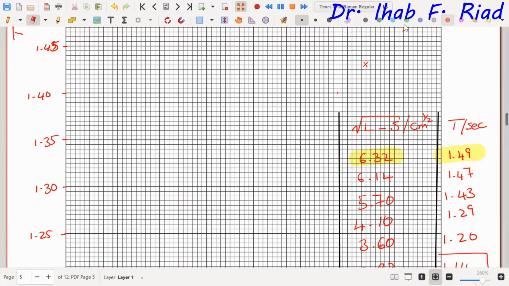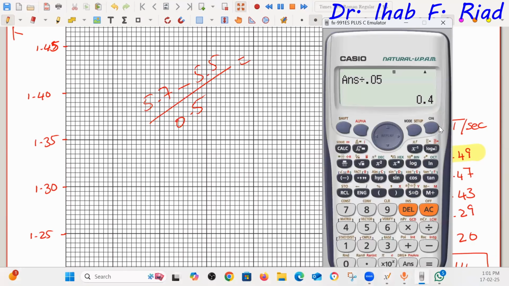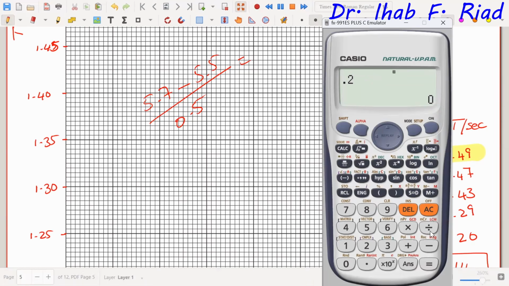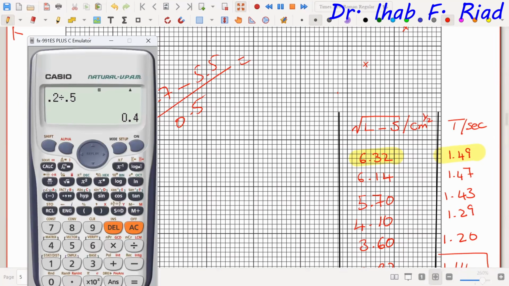I did it by counting small lines, but we can do it again as we did before. So 5.7 minus 5.5, and divide by 0.5. So it is 0.2 divided by 0.5, 4 small squares. So 1, 2, 3, 4.